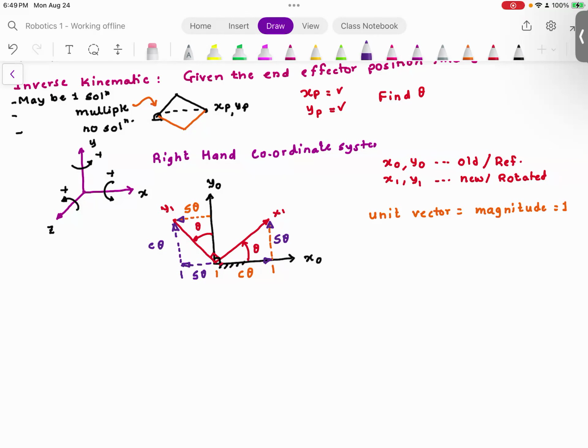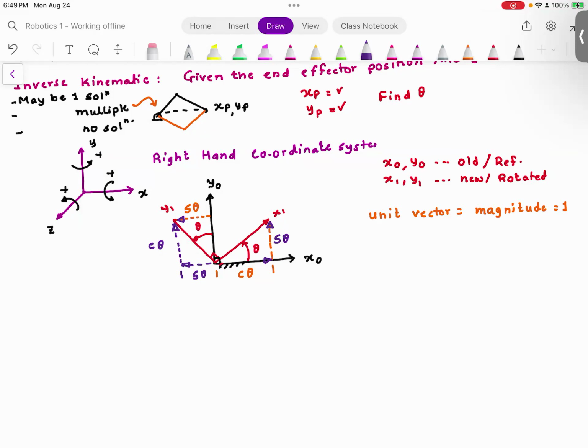Everyone understood this? Now same thing. I want to find out the projection of X1 onto Y0. Can you see this is in the vertical direction? Sine theta. Now projection of Y1 onto Y0, can you see this is cosine theta in the same direction? Everyone understood this?